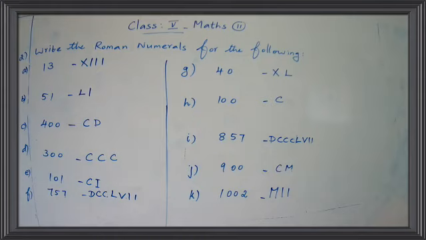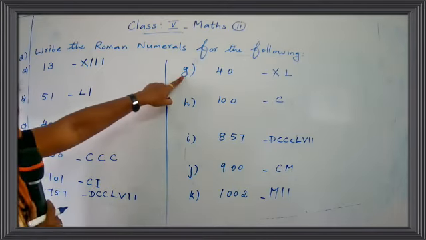The symbols are very, very important. First you write A, B, C, D, E, F. After that you start G. Okay children?